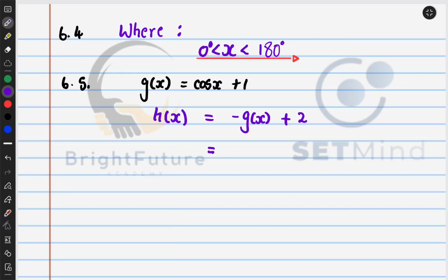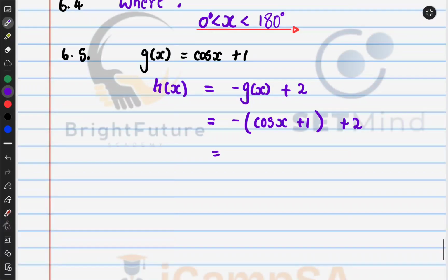The graph of g is cos x plus 1, so it's gonna have negative cos x plus 1, and then we add that 2, so we're gonna have negative cos x minus 1 plus 2.